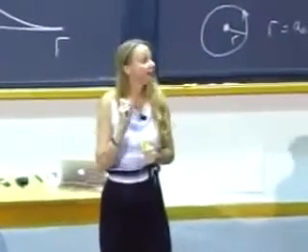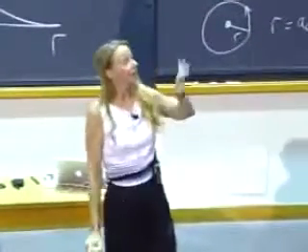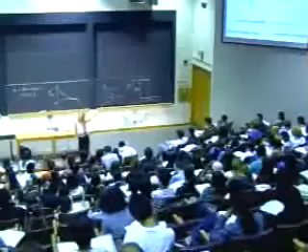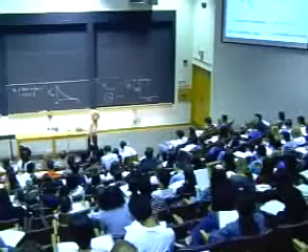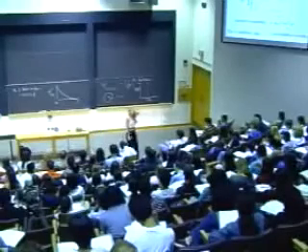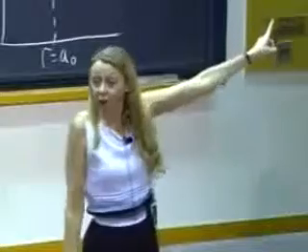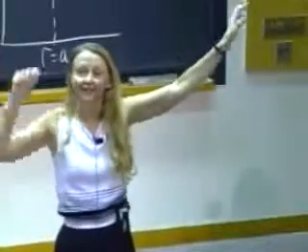I want you to contrast it with the quantum mechanical result from the Schrodinger equation. What you see in the quantum mechanical result is that we don't really know where the electron is, so to speak.